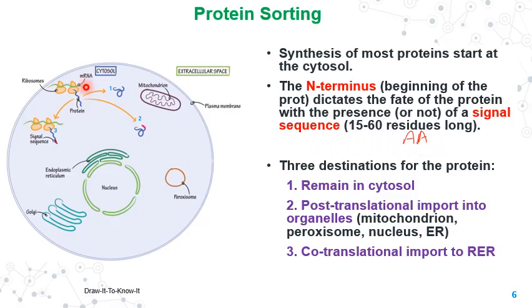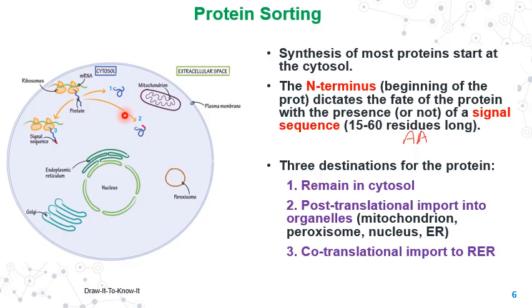So now you are going to look at how that is going to happen, looking at the overall process of making a protein. The question here is what's going to happen to the protein? The answer is that one of three things can happen to the protein. The first thing is it can hang around in the cytosol.